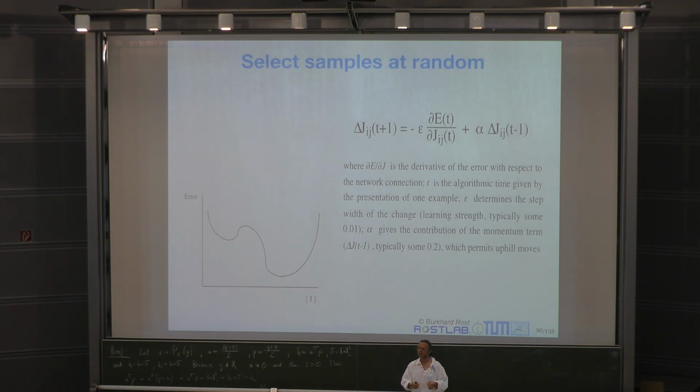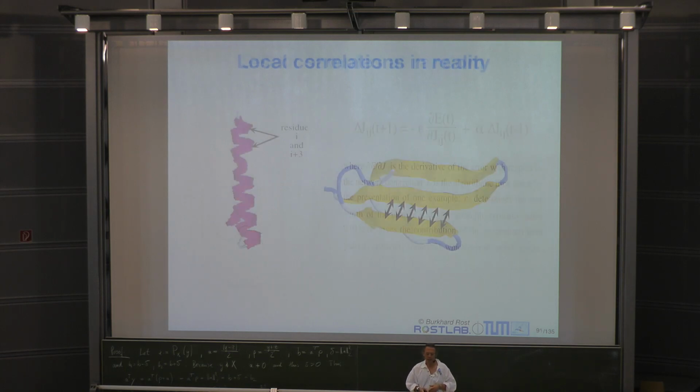Randomly picking from the database means that you will not pick i plus 1, i plus 2, i plus 3, i plus 4. So the network will never see that there's a correlation between adjacent residues. It will pick sample 42 and then 42,000 as a next step or something like that, right? And it has to be so, because otherwise you're more likely to get trapped at minima. And you will somehow lose these local correlations.